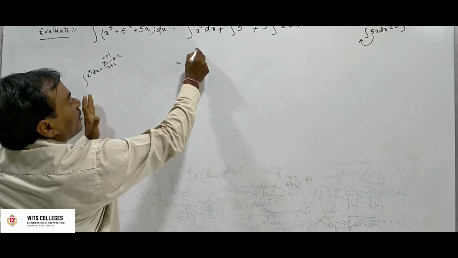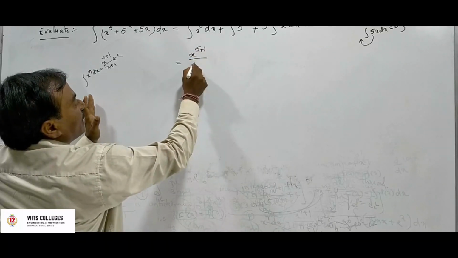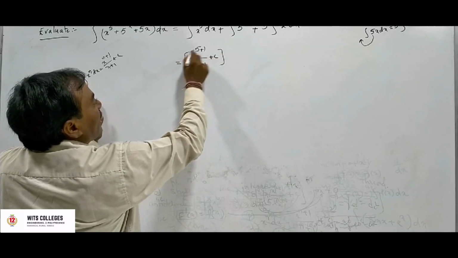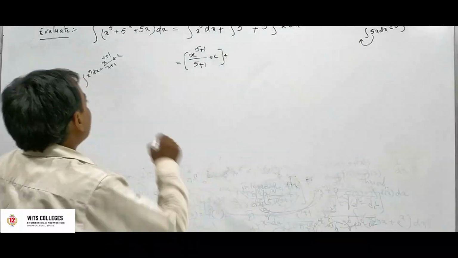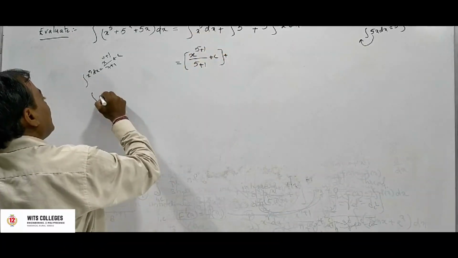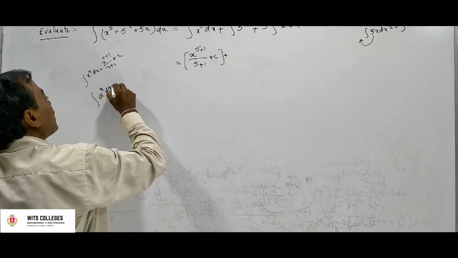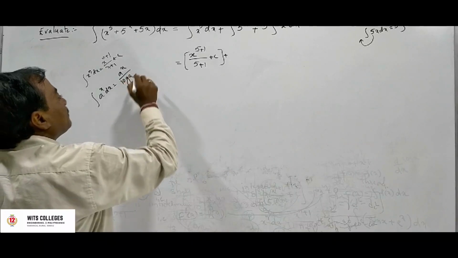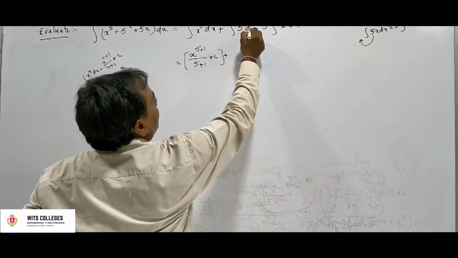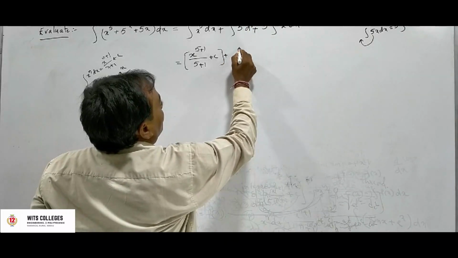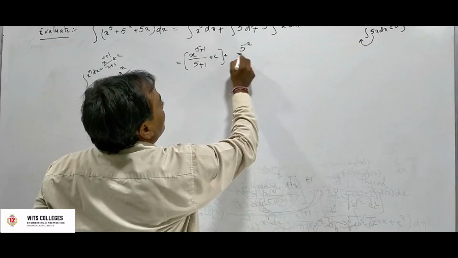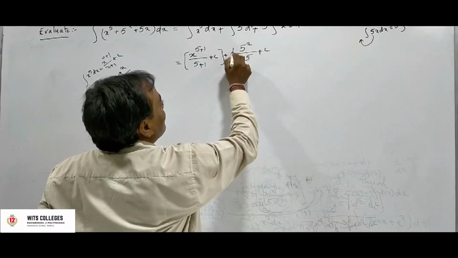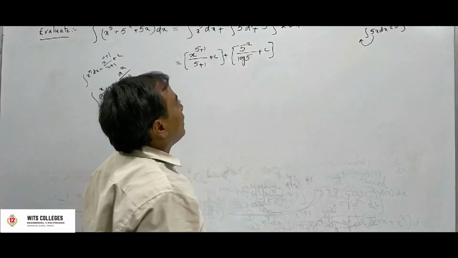That is x to the power of 5 plus 1 by 5 plus 1 plus c. This is the first integral value. Coming to the second integral, this is in the form of integral a to the power of x dx, which is equal to a to the power of x by log a. So this integral value becomes 5 to the power of x by log 5 plus c. This is the second integral value.